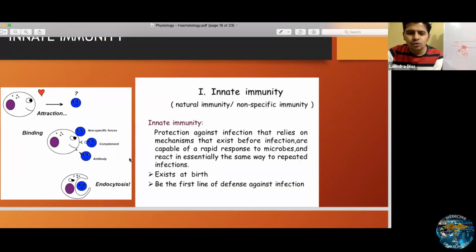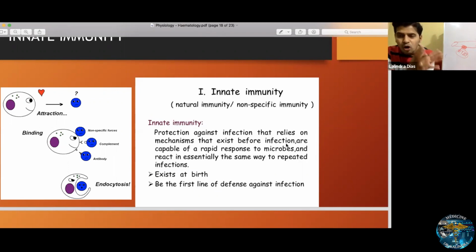So innate immunity, few more theory points. Protection against infection that relies on mechanisms that exist before infection. So that's what I told you earlier. Before the foreign organism, like bacteria or virus, entered your body, you already had this immunity in your body.